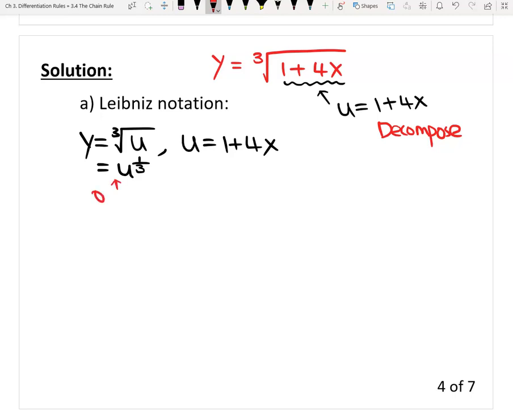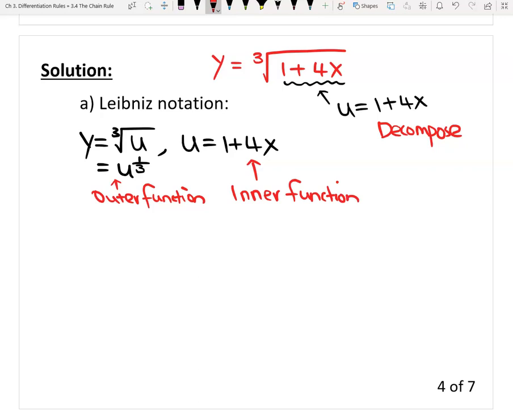So this is the outer function, and where is the inner function? Of course, this is the inner function. And we need to use both, because now we're going to Leibniz notation. Remember, it is the derivative of the outer times the derivative of the inner.